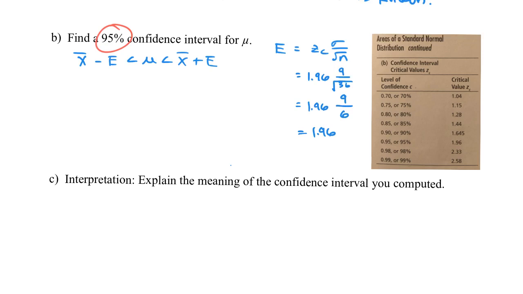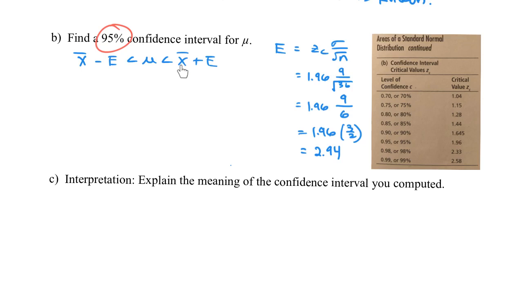So we can just punch this in the calculator at this point. I guess you can clean it up a little if you want to, but once we punch that in the calculator, we are going to get roughly 2.94. So actually we get exactly 2.94. So we've got our maximum margin of error E, which is 2.94. So here's our formula. 2.94 is going to go for E in both of these cases.